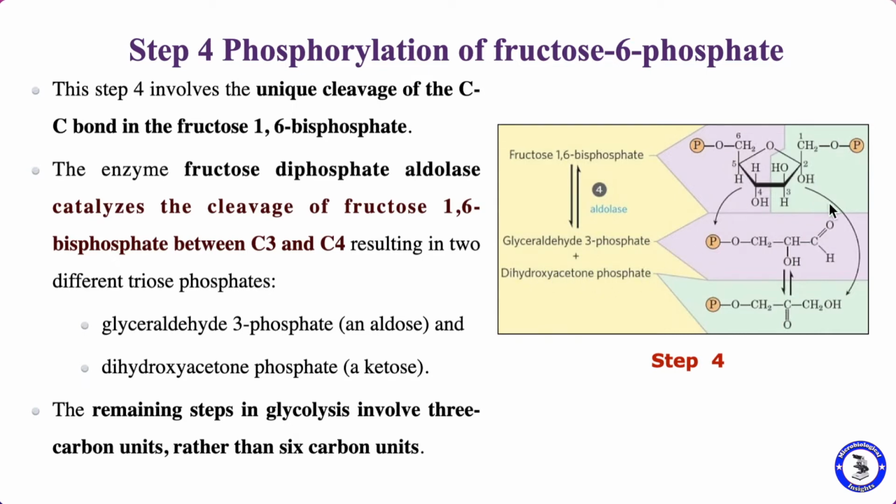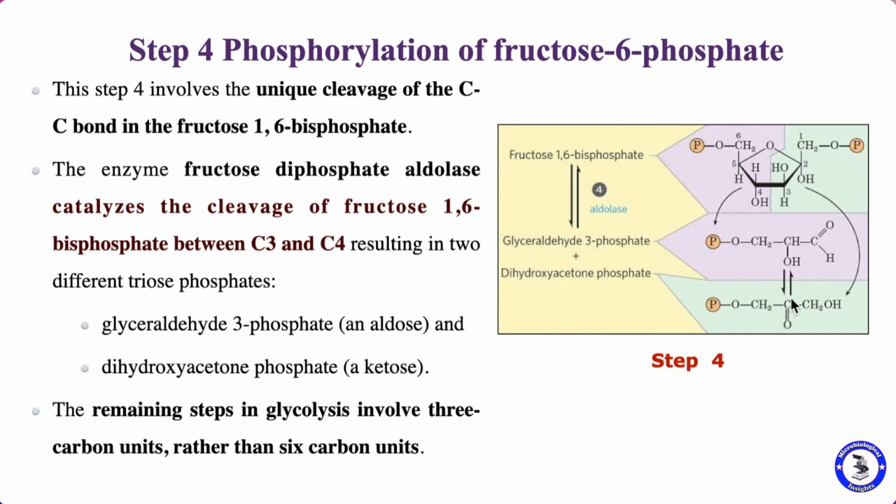Now you can write the structure here. POCH2, then you can see these three things, OH group, H. So total 3 H is here and 2 O group is here.